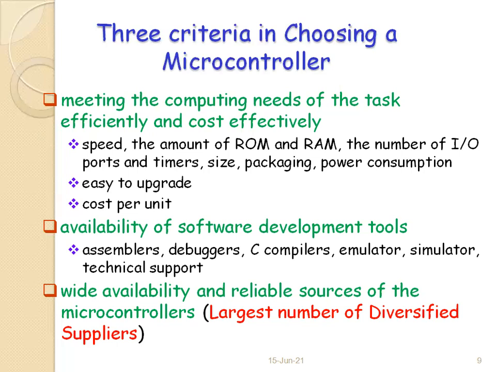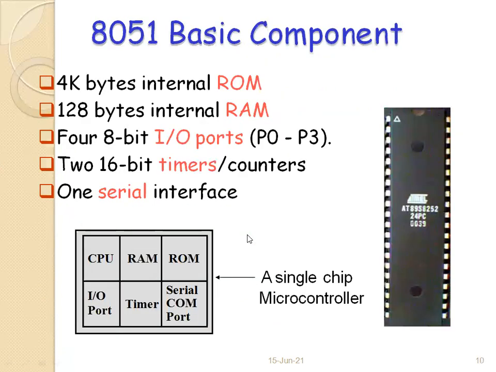In the market there is a large number of diversified suppliers, meaning multi-source supply. You should follow whichever source is reliable. So these are three different criteria that you have to follow whenever you are choosing a particular microcontroller.